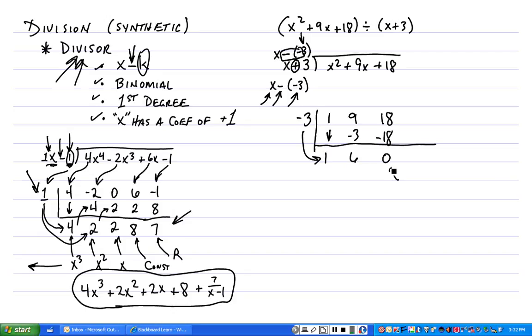So that tells me my remainder is 0, so I don't have a remainder. That's my constant. That's my x. So I have x plus 6 for an answer. 1x, there it is. 6 is my constant, there it is. No remainder. Alright. So that's how synthetic division works. Okay. So we will now conclude our session on division at this time.